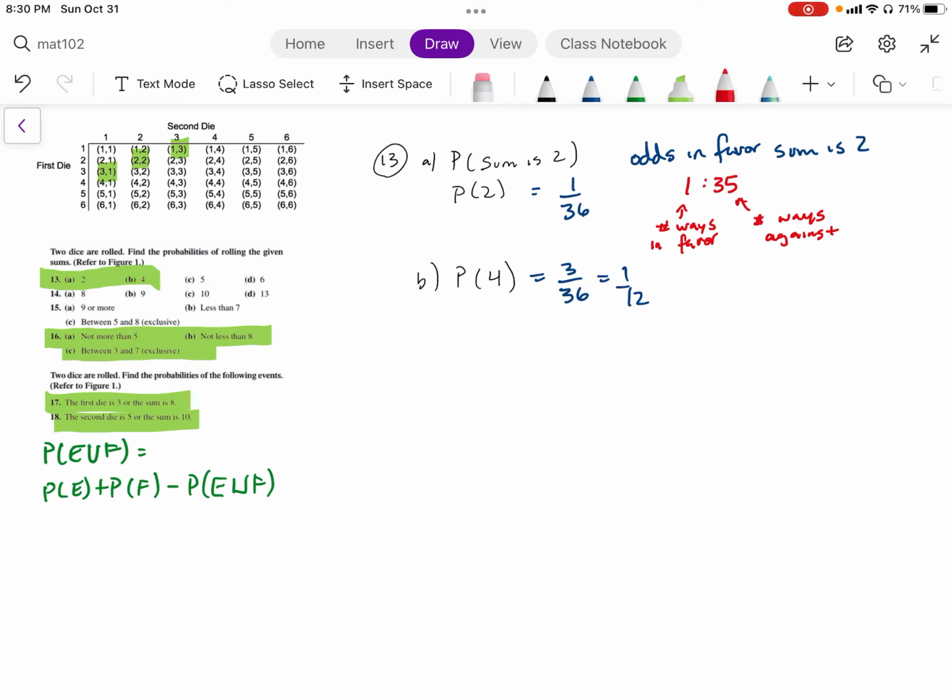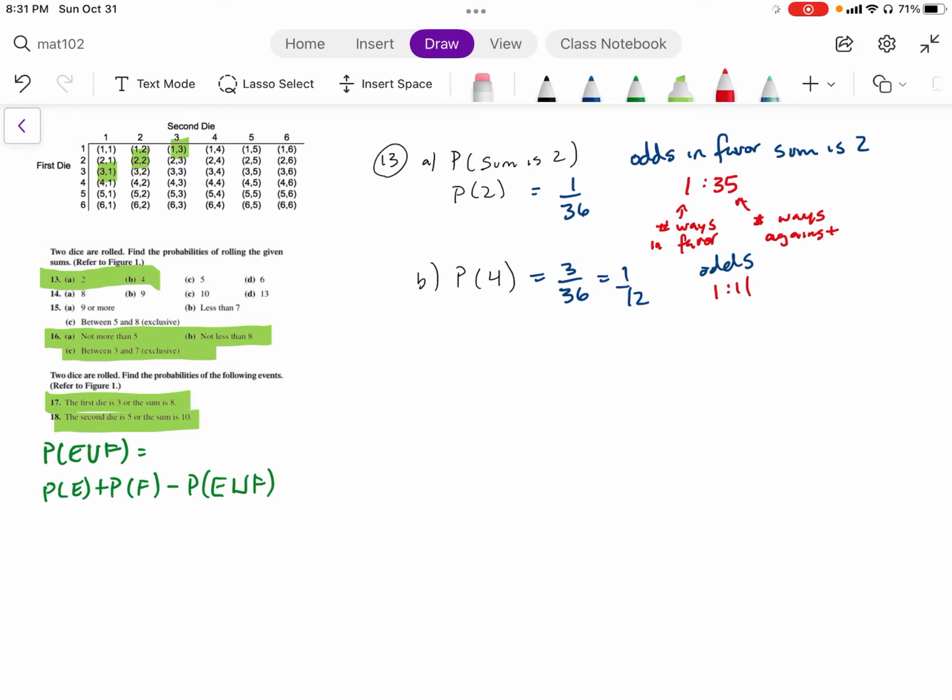after reducing. All right, so again, the odds, let's go ahead and do that as well. In favor, again, once it's reduced, I have 1/12 versus 11/12, or 1 to 11. Out of the 12 ways reduced, I have one way that I could roll that sum of 4, and 11 ways I could not.